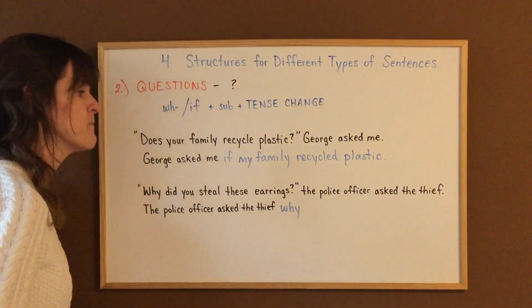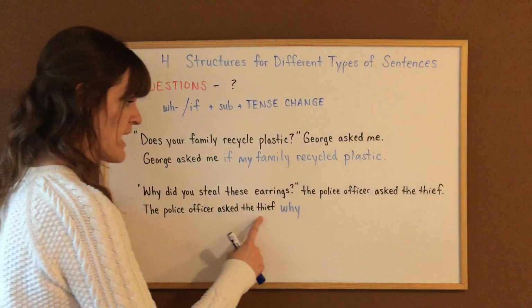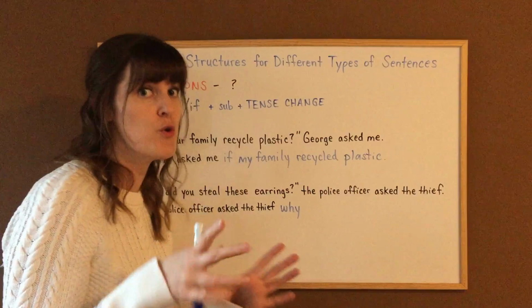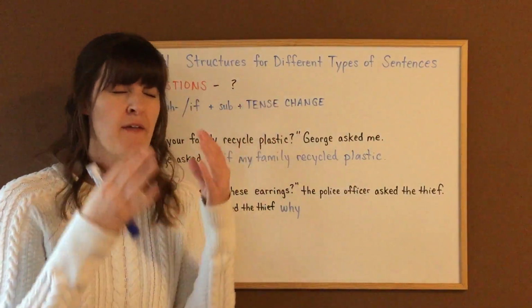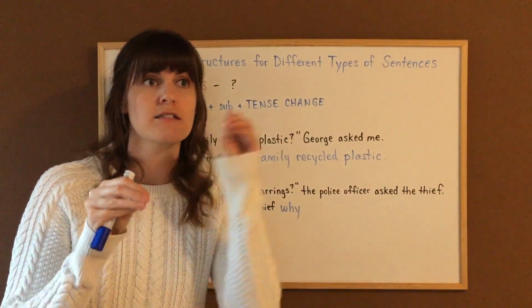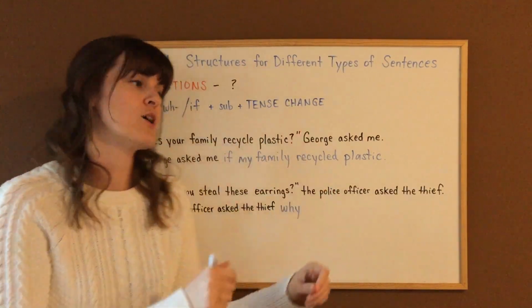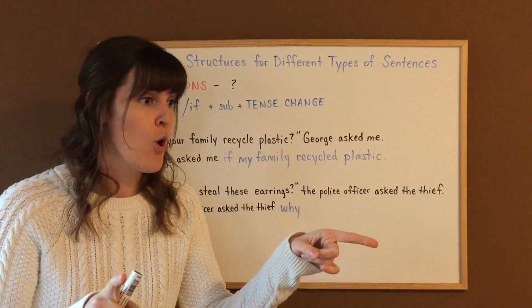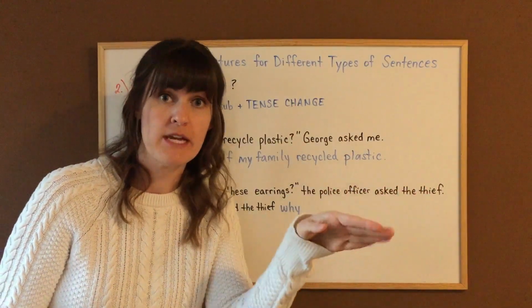It's a pronoun, you. Can I copy you exactly like this? The police officer asked the thief, why you? No, because we're not talking about you. We're talking about who. Imagine a situation. The police officer asked the thief. Aha, so then, the police officer asked the thief why the thief did something, yes?